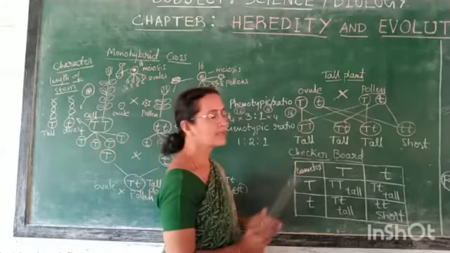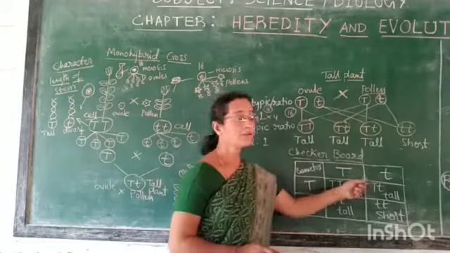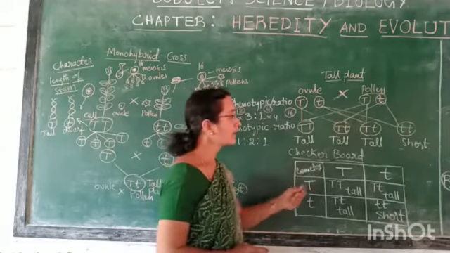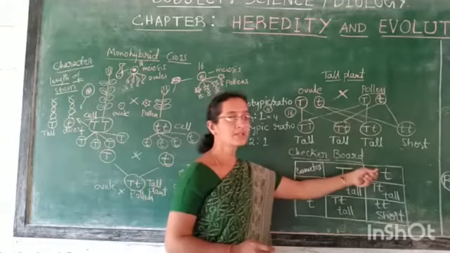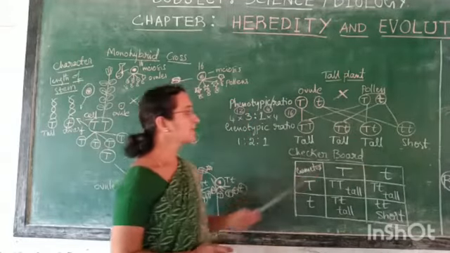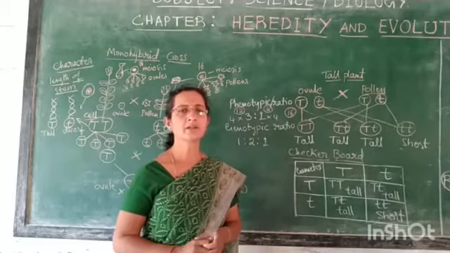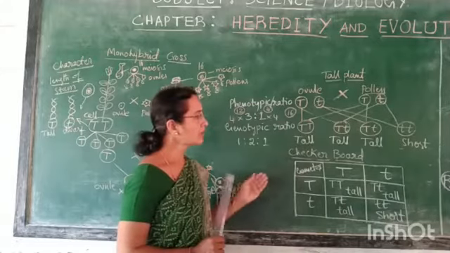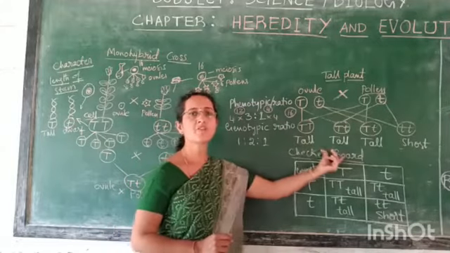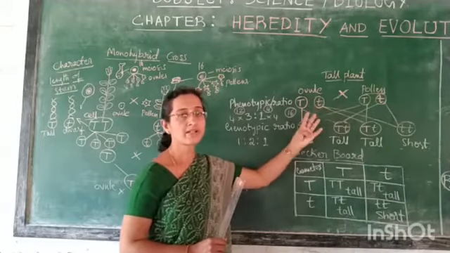When these seeds were sown in the next generation, which is due to the self-pollination, it resulted in 4 types of plants, where 3 plants were tall and 1 was short. Here he calculated the percentage of the types of plants. It is not true that the plant produced only 4 seeds.